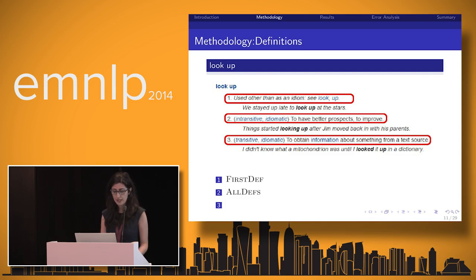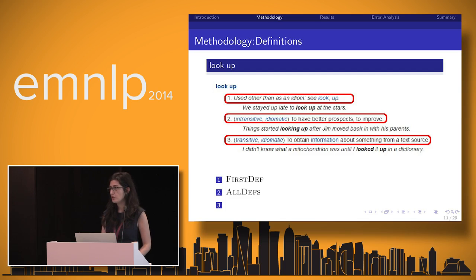But what if we have more than one sense or more than one definition? Here we have lookup with three different senses or definitions. One idea could be to only use the first definition, saying it is probably the predominant sense of the multi-word expression. That was the first approach.